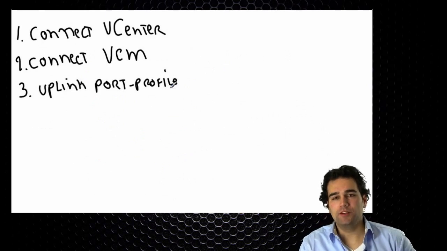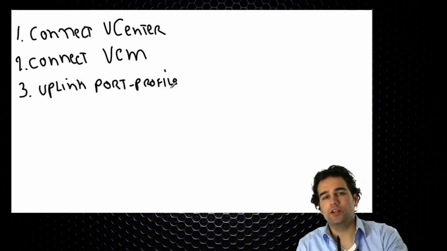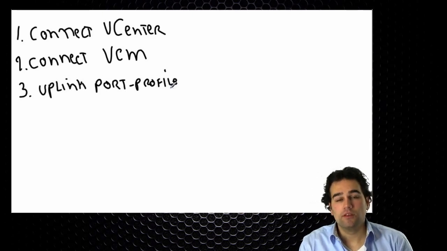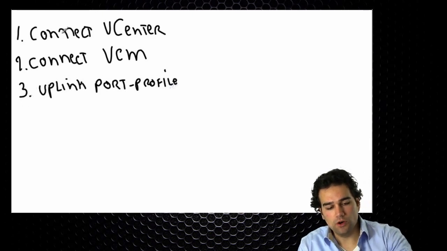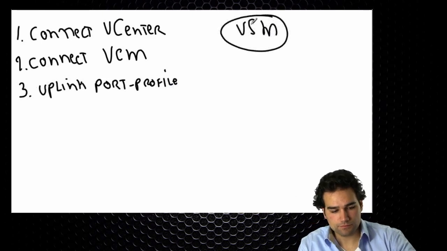Now, I would be done if I run layer 2. I would place physical links into that uplink port profile, and the communication would be established because the layer 2 path is established. If I run layer 3, I need some other things. So all based on the VSM, right? This configuration is all done on the VSM.